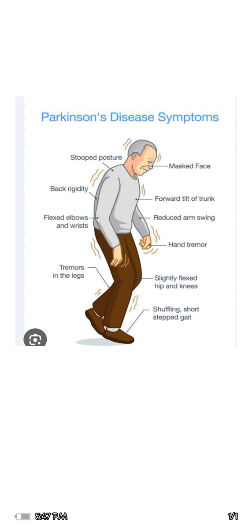Okay, definition. Parkinson's disease is a disease caused by degeneration of the dopaminergic neurons within the substantia nigra within the brain.